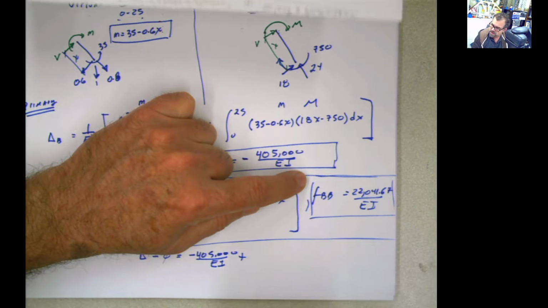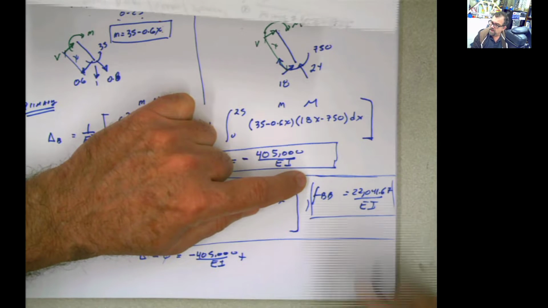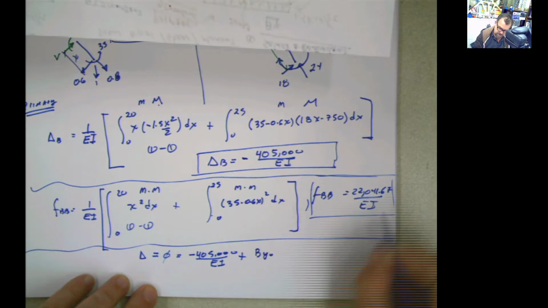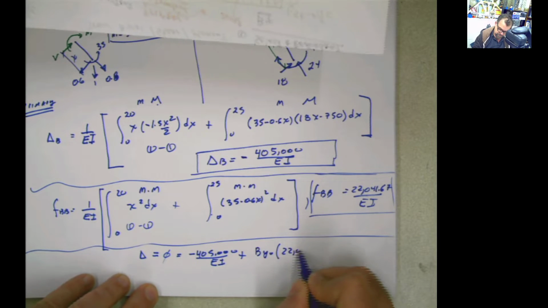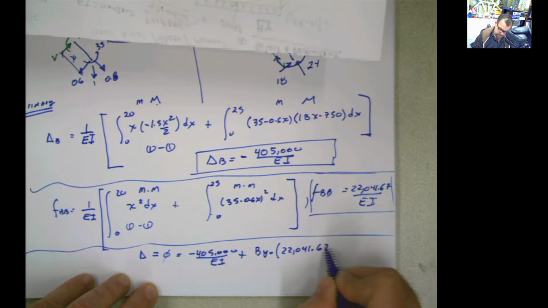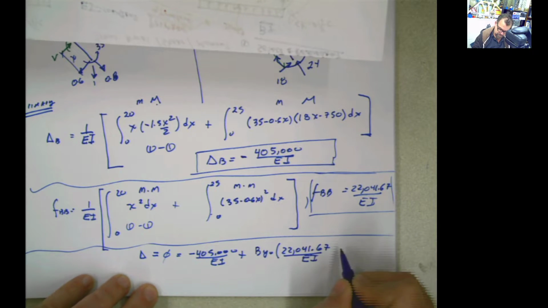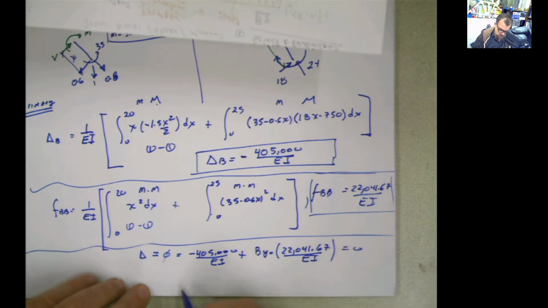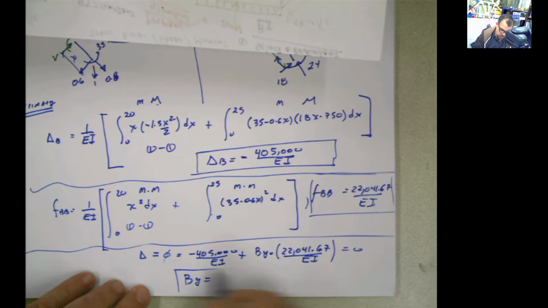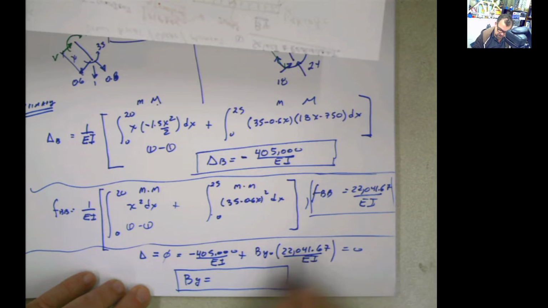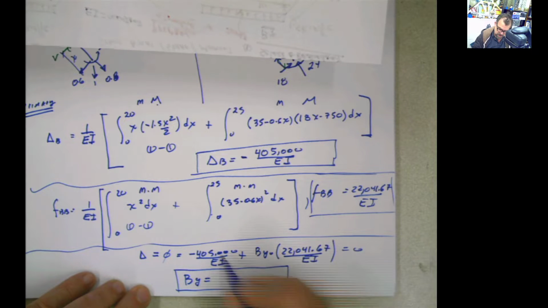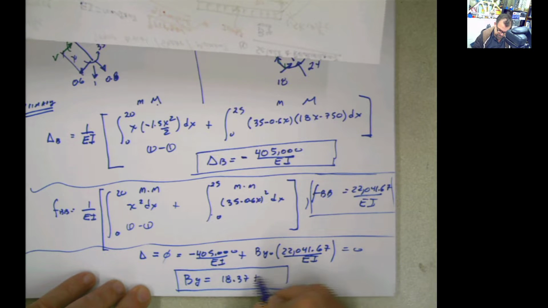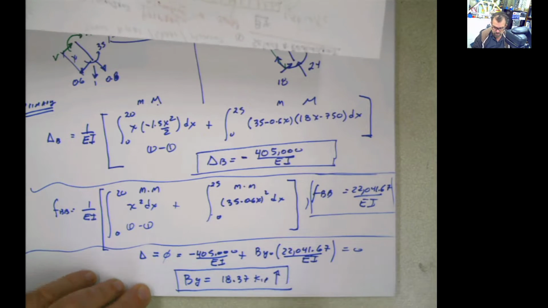That means if I push it up with a load of By, I should get 0. So I put here By times that, and that has to be 0. From here, we can solve for our By. Once you pass to the other side and divide this by that, you get that By is 1837 kip in the direction that we place it.